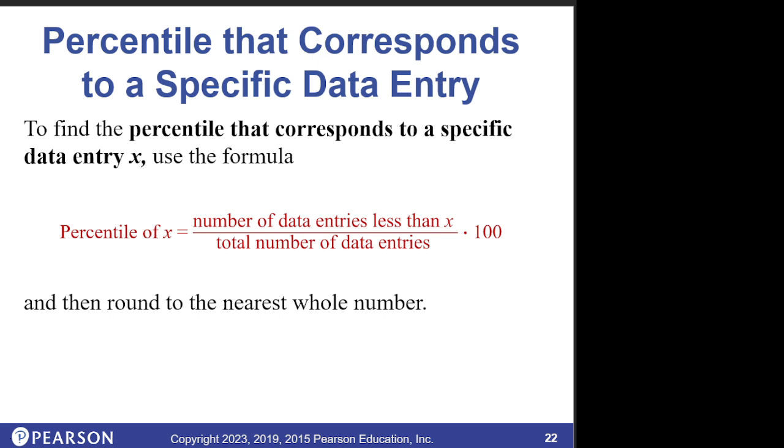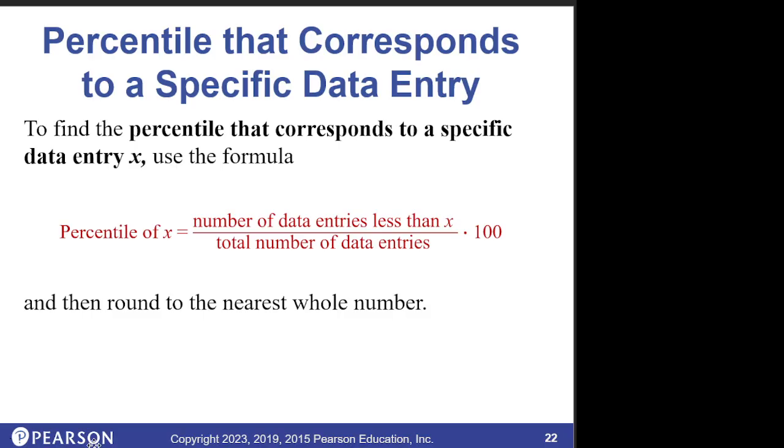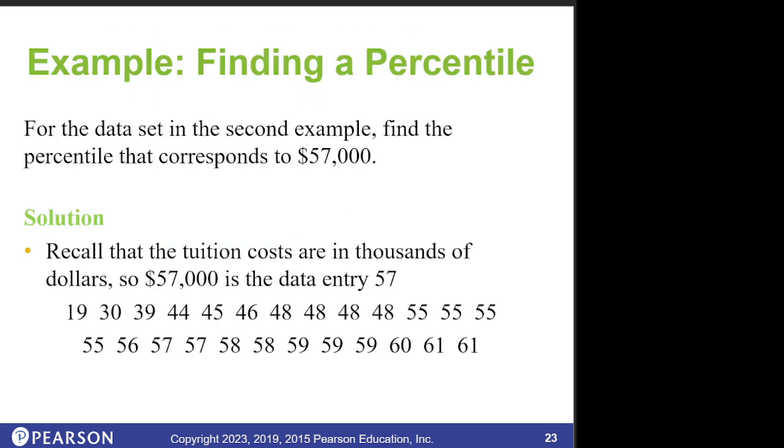Let's look at an example of calculating percentiles on this data set here. So we're going to look for the number that's 57.